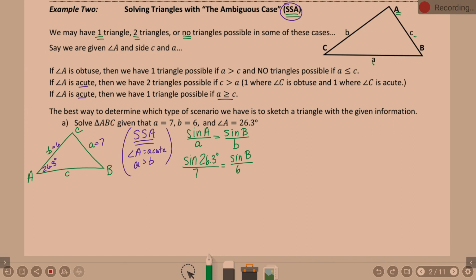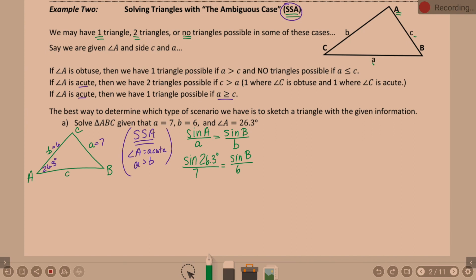The difference about this problem? We're trying to find an angle instead of a side, yes? Okay. What's our normal next step? Cross products. Basically get rid of those denominators.